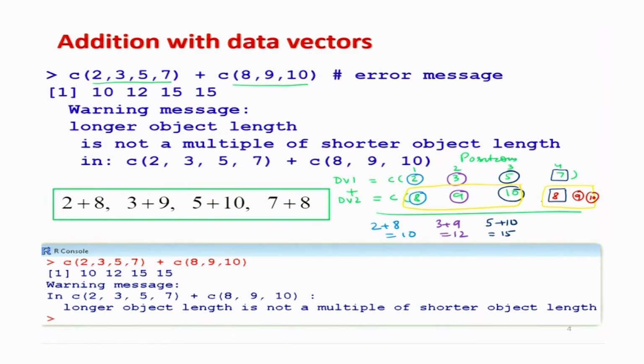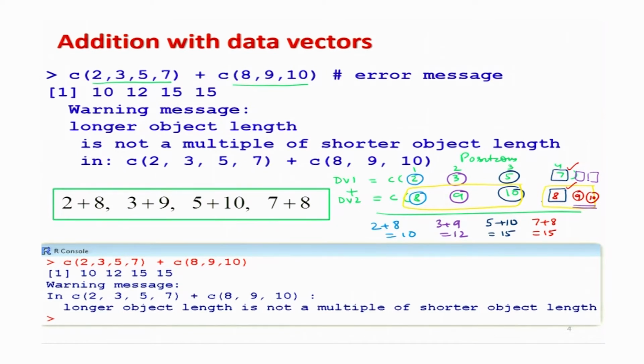Now R will start the operation and add 7 and 8, which gives you the answer 15. After this, R once again becomes confused. Why? Because now there are two values in data vector 2 and there is no value in data vector 1.